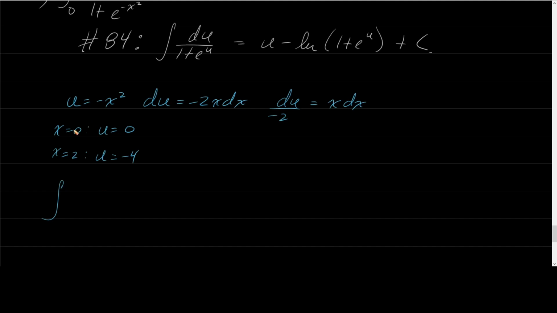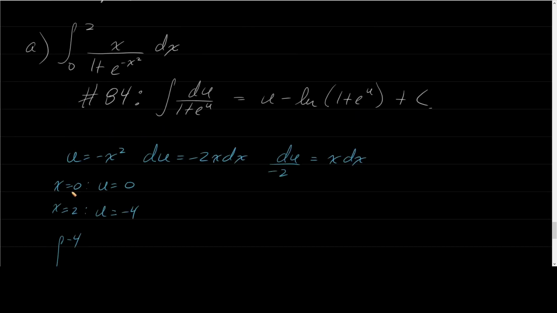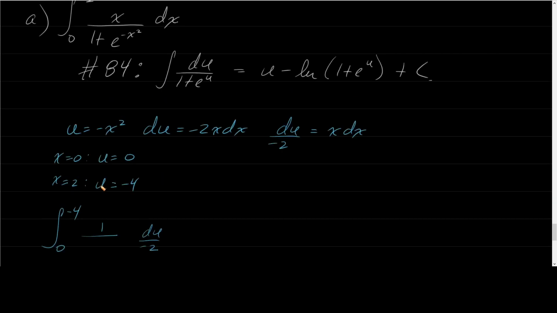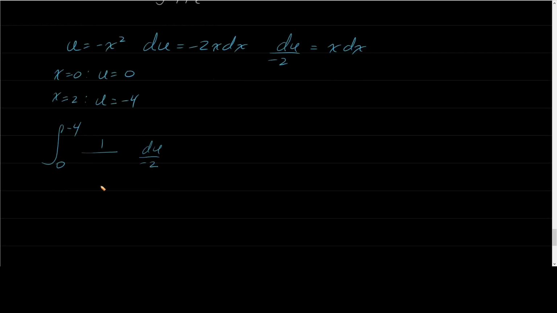So what I end up with now is the integral of, well, let's see what we have. Originally it was 0, now it's still 0. Originally it was 2, now it's negative 4, of x dx, which was du over negative 2. And on the bottom, 1 plus e to the negative x squared, so that's going to be just 1 plus e to the u.